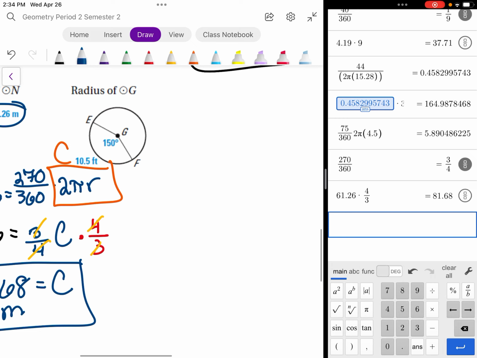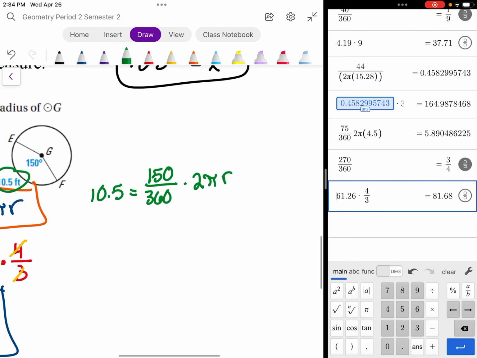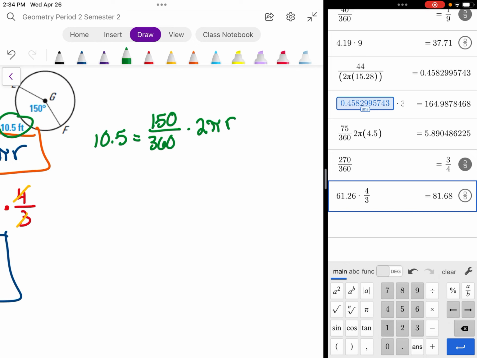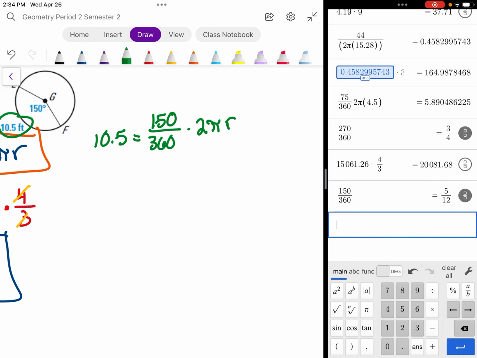Then for our last one, we're looking for the radius. They give us the length of 10.5, and that's equal to the arc measure over 360 times 2 pi r. And we're looking for the radius. So I'm just going to simplify 150 divided by 360. And that as a fraction is 5 over 12.